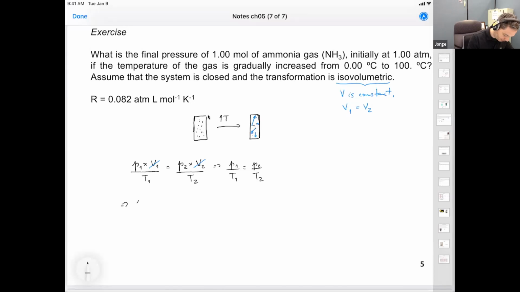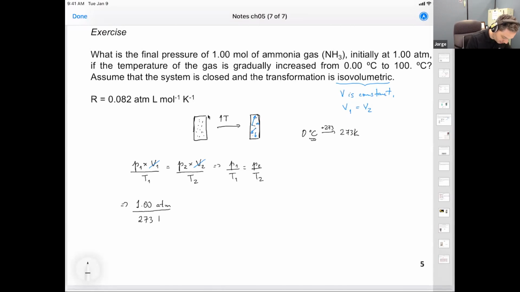Initial pressure is 1 atmosphere. Initial temperature is 0 degrees Celsius. Therefore, we need to transform that to Kelvin, to 273 Kelvin. So attention to that.